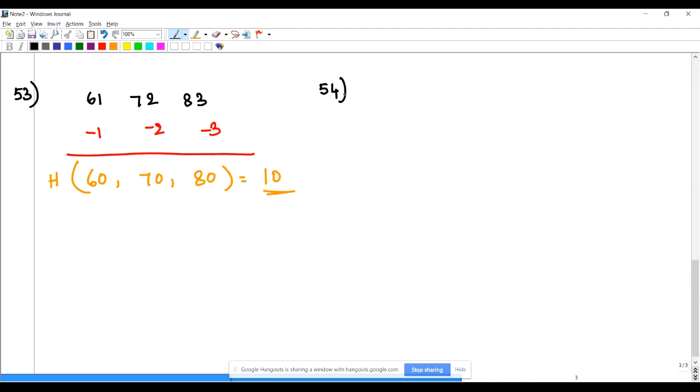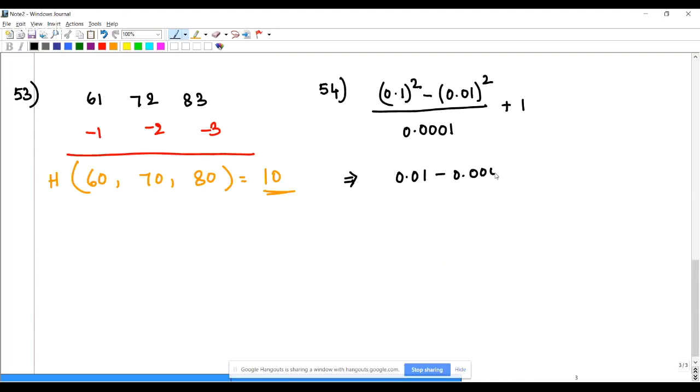54th one, if you look at (0.1) whole square minus (0.01) whole square by 0.0001 plus 1 is equal to, he's asking you. So I would say this is 0.01 minus 0.0001 by 0.0001 plus 1.